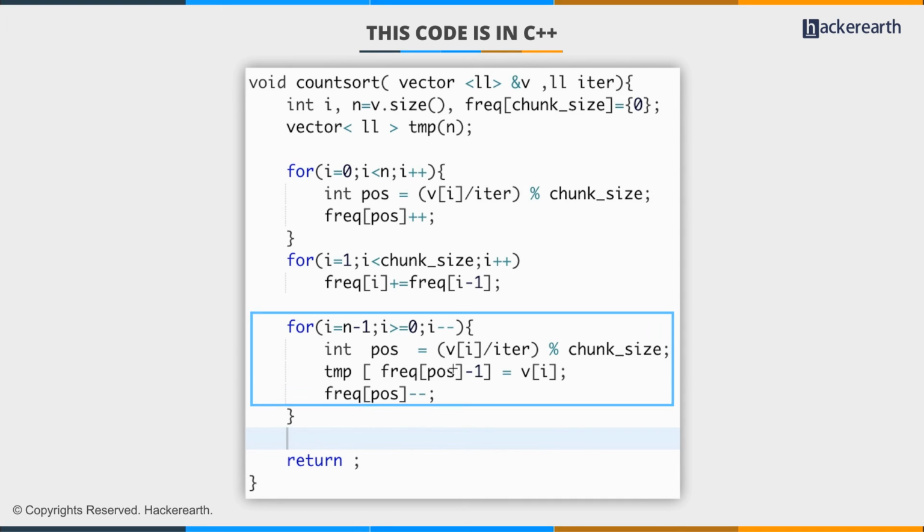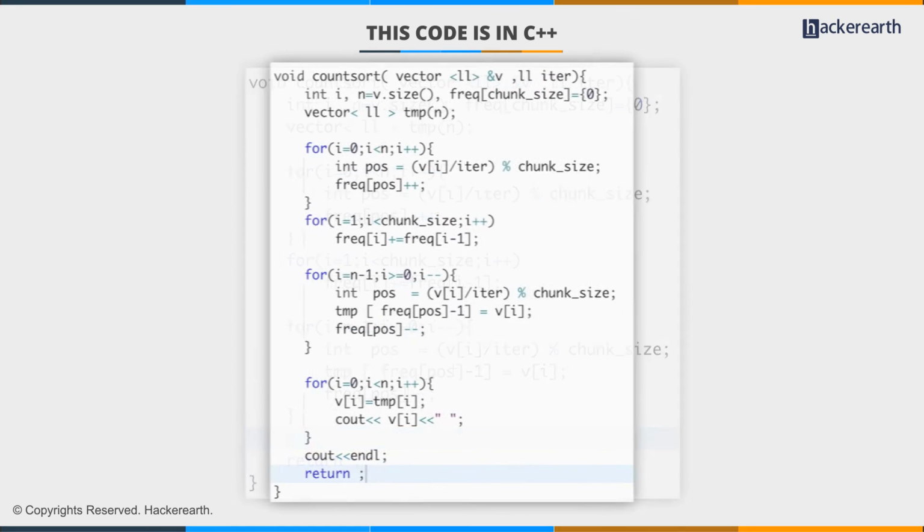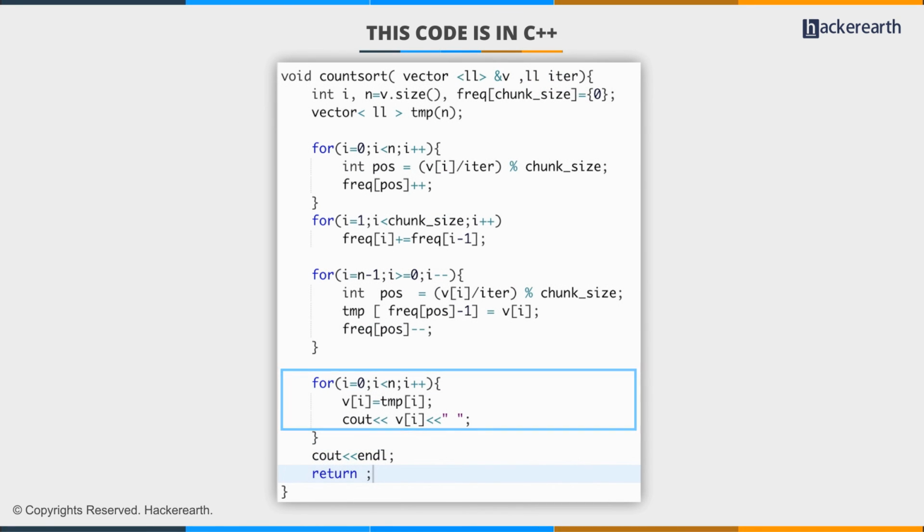Here, this value determines the position of the weight of the current integer that it has to store in the final array, which is determined by doing a partial sum over this array. So, we store v of i in that very position, and now after this loop is complete, a tmp array is built, and we have to transfer it to our initial vector v.